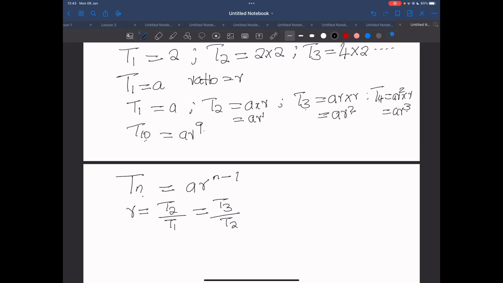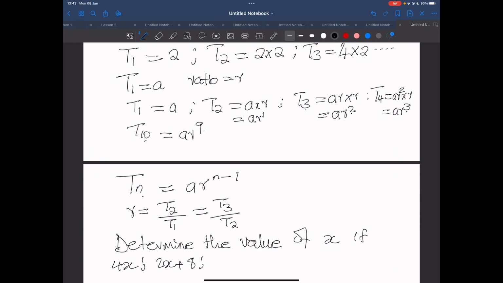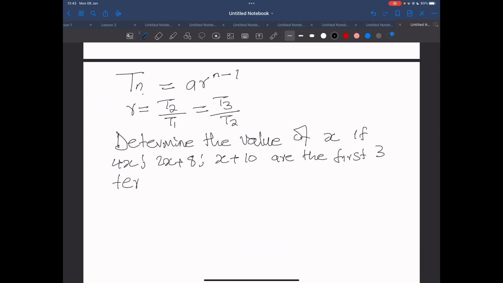The question is, determine the value of x if 4x, 2x plus 8, x plus 10 are the first 3 terms of a geometric sequence.